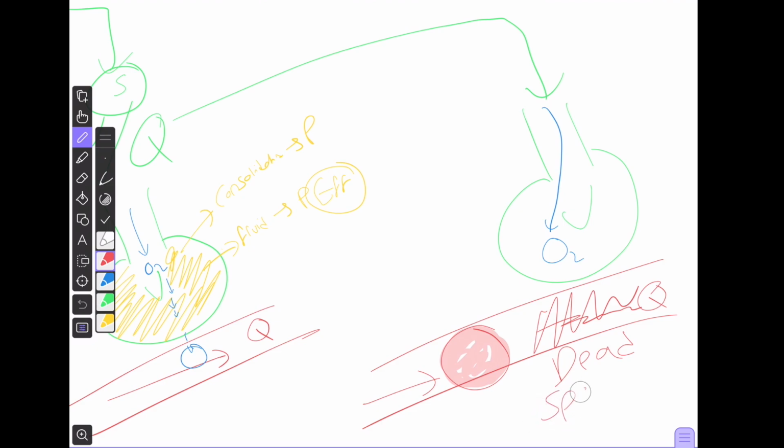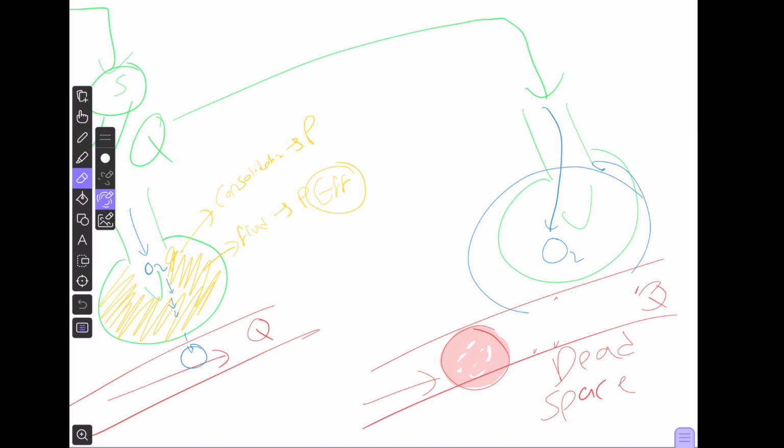We call this dead space. And what is dead space? It is an area where there is ventilation, but no perfusion.